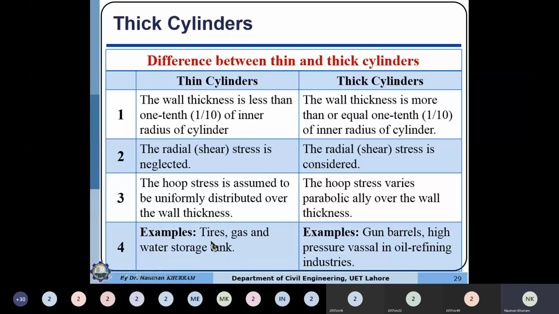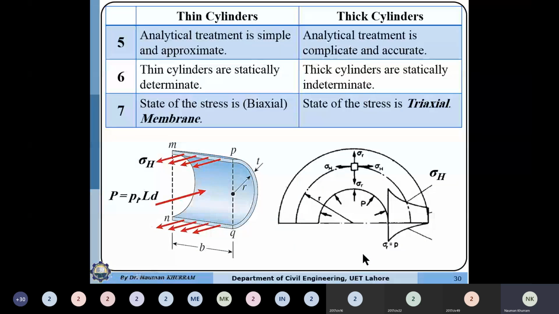Examples of thin cylinders are tires, gas and water storage tanks. For thick cylinders, examples are gun barrels, for example in a cannon, where the thickness is very large, and high pressure vessels, for example in oil refining pipelines and other high pressure conduits. In thin cylinders the analytical treatment is simple and approximate.